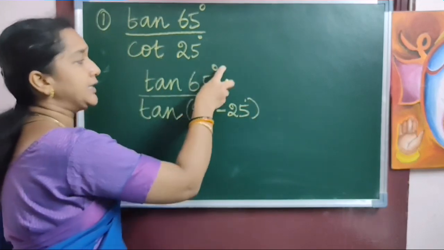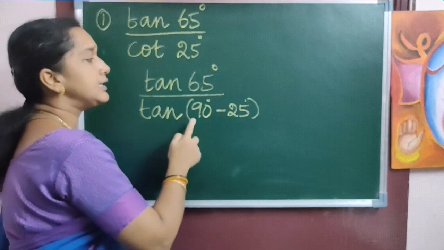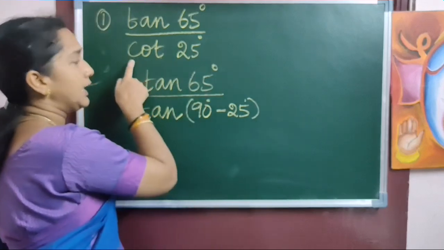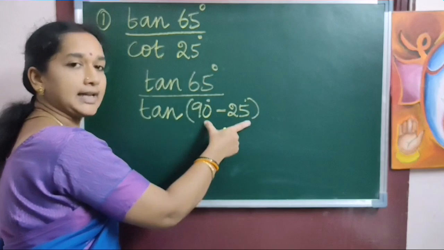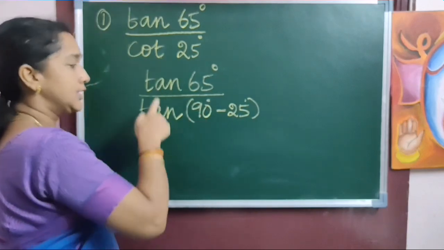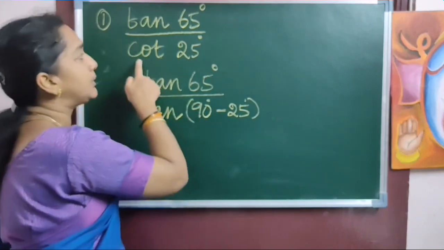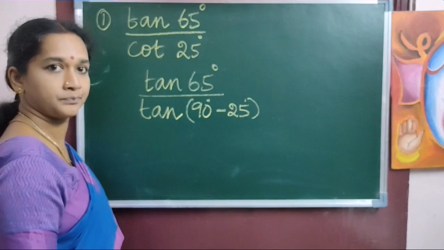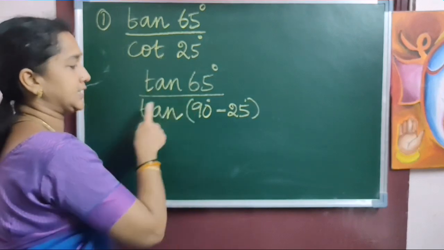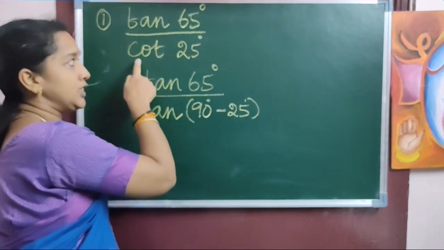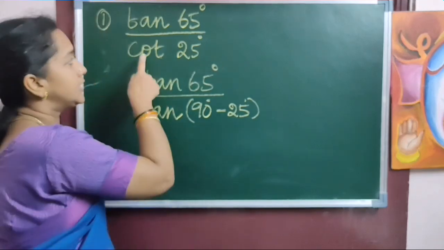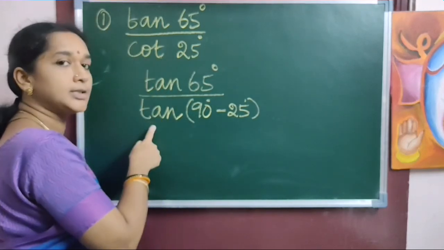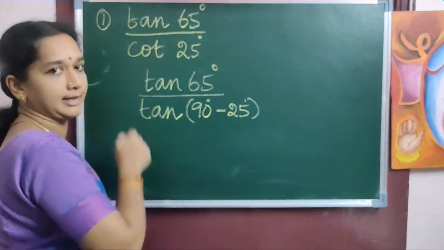So tan 65 degree by tan 90 minus 25. Since tan 90 minus 25 is cot 25, you are rewriting cot 25 as tan 90 minus 25.